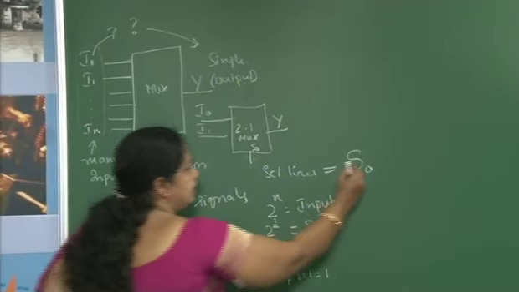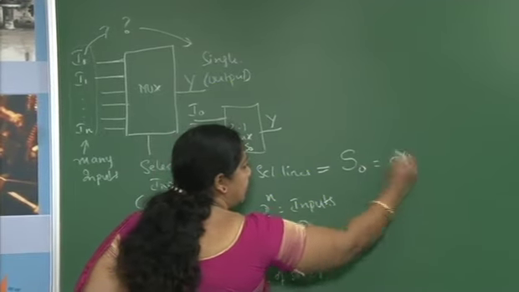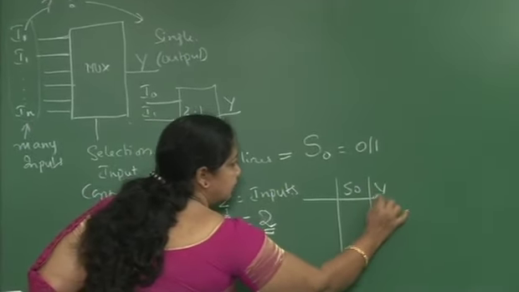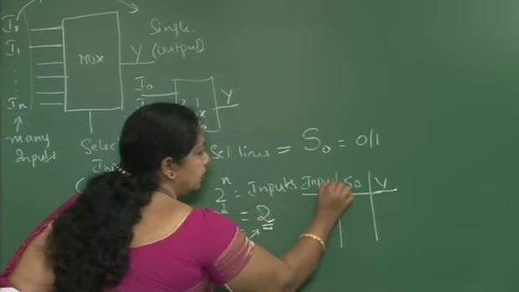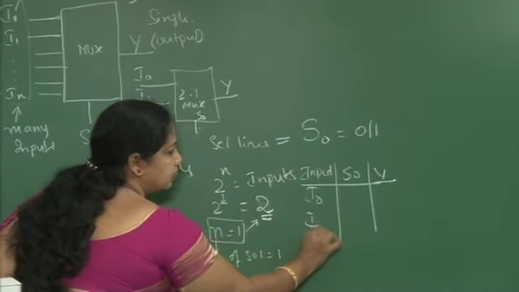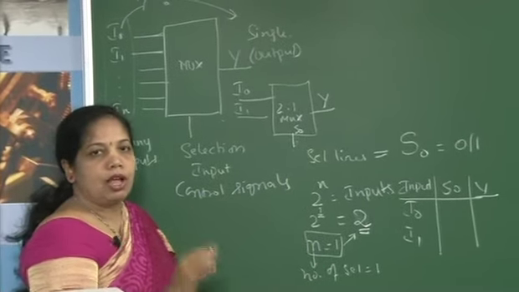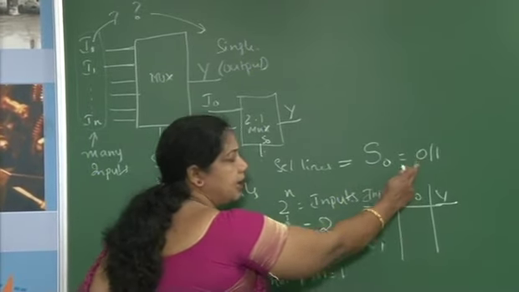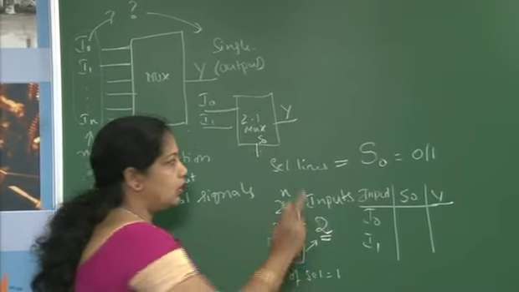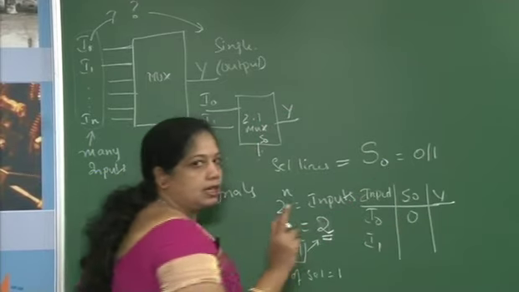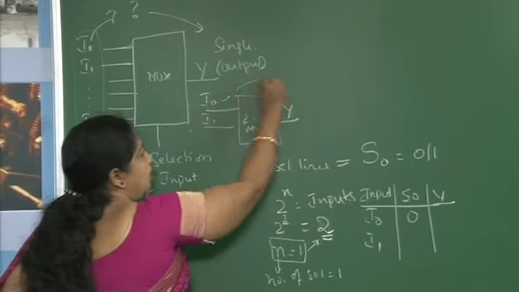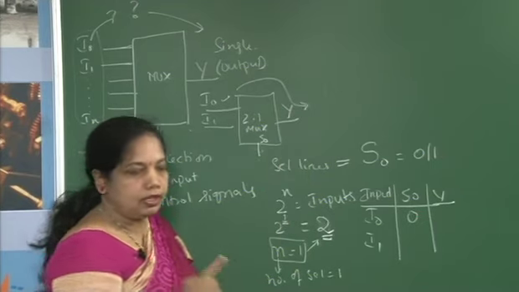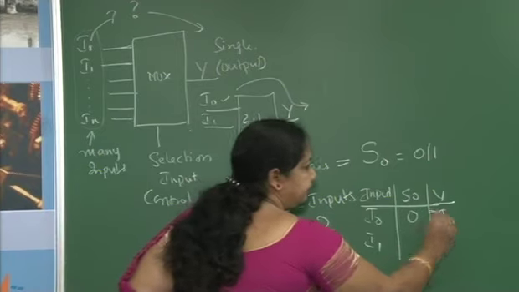Now my S0 can be 0 or 1. I have 2 inputs, I0 and I1, and 1 selection line. If my selection line S0 is 0, then I0 will be directed at the output side, so my output will be I0.